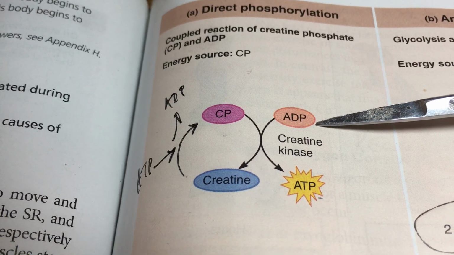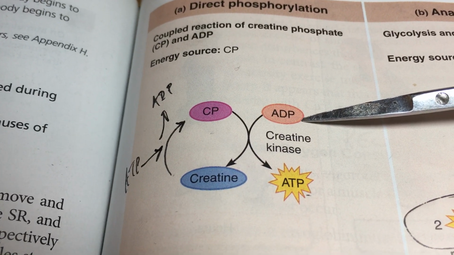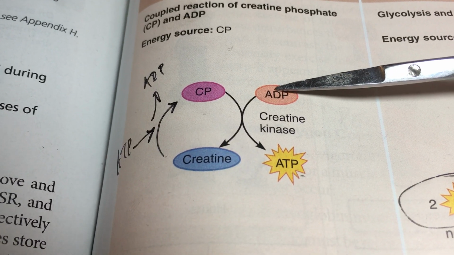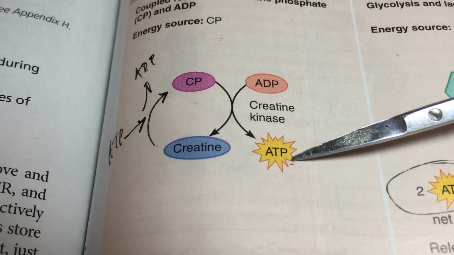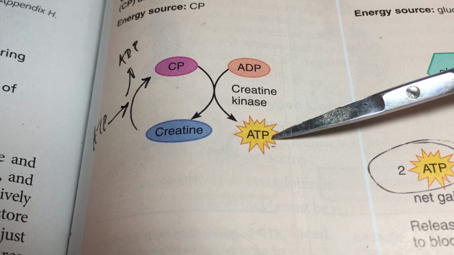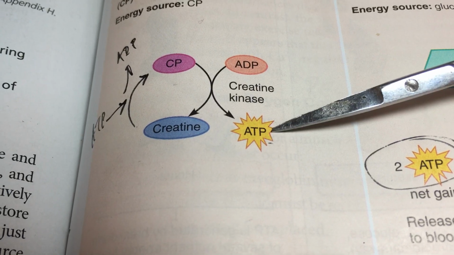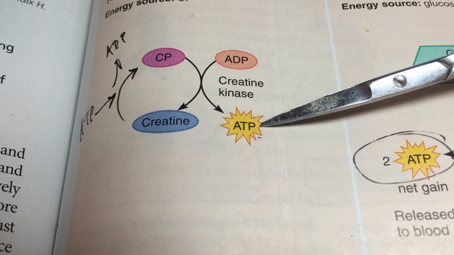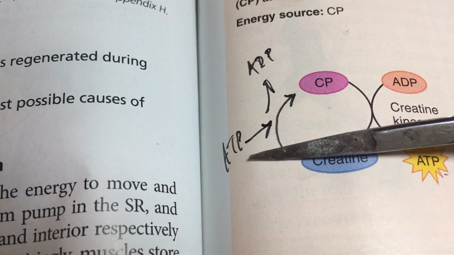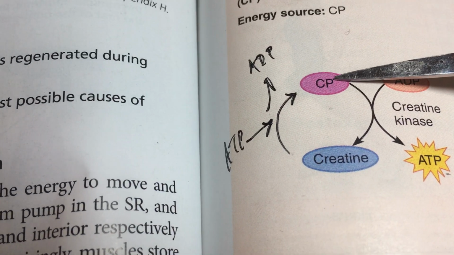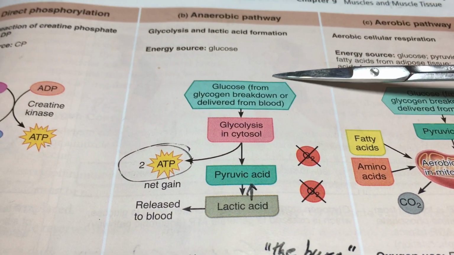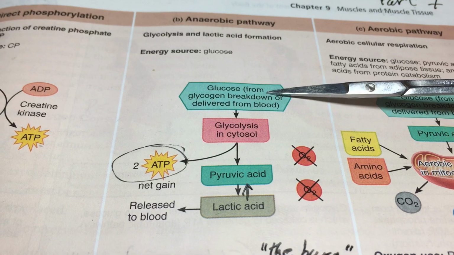And then during activity, we're going to take the ADP that's available in the cytoplasm, and we're going to quickly just flash and phosphorylate the ADP to ATP and have it available. Eventually, when we're resting, we're going to have to use some ATP to make new creatine phosphate, so that's the recovery.